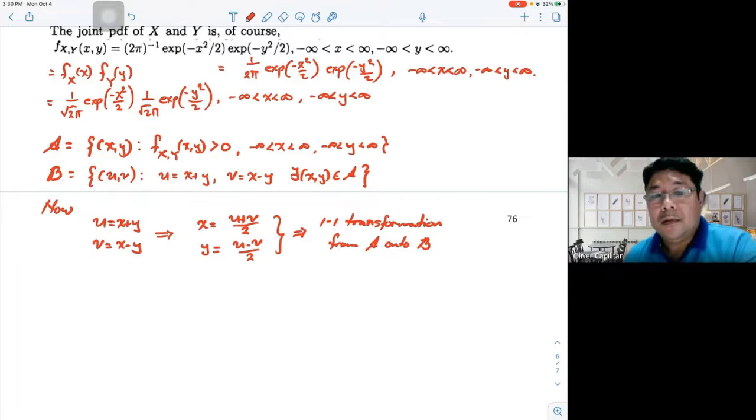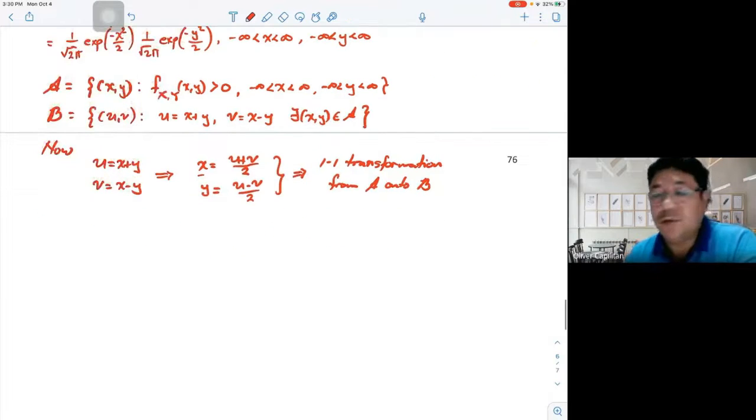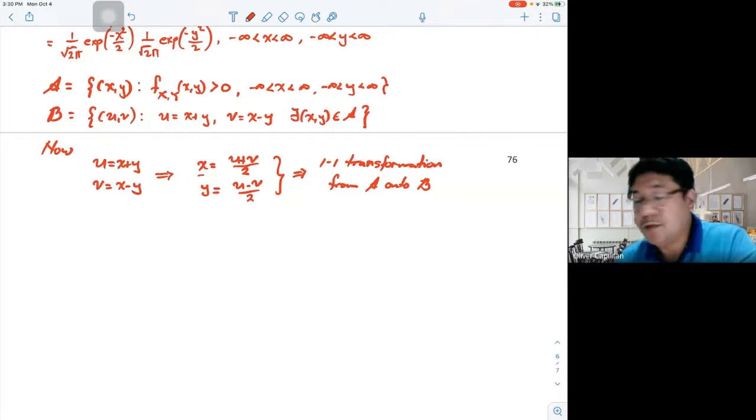Okay? Hence, this x here is the inverse function as a function of u and v, and then y is also the inverse function as a function of u and v. So since we have a one-to-one transformation from script A onto script B, now we're going to determine the Jacobian of our transformation, taking the partial derivatives.